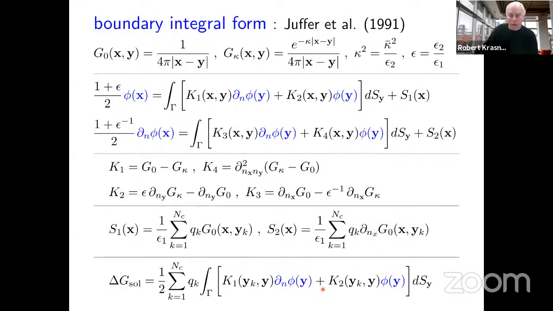So we're going to use this formulation. The way it works is you pick points on the interface and you replace the integral by a sum. So we need to triangulate the interface.